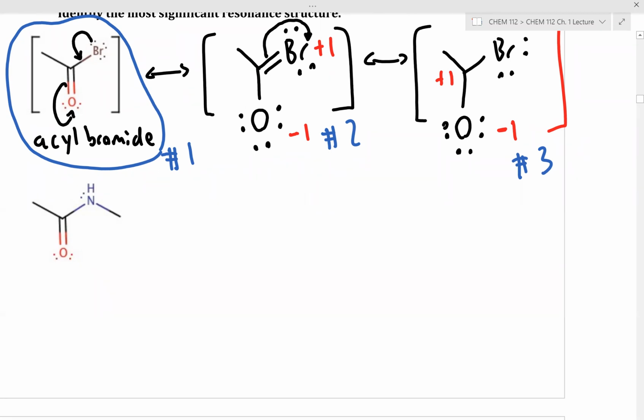Which one is a greater contributor? Using our formal charge rules. So I'll give everyone a moment to do that, and then we'll come together to discuss.